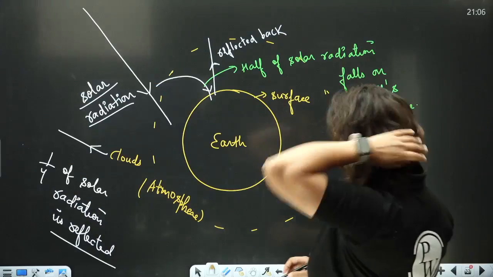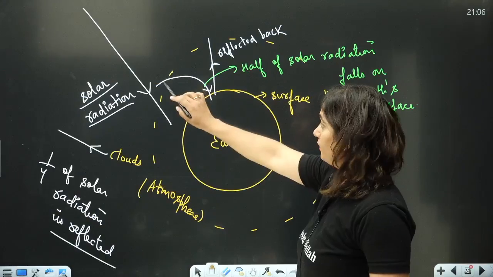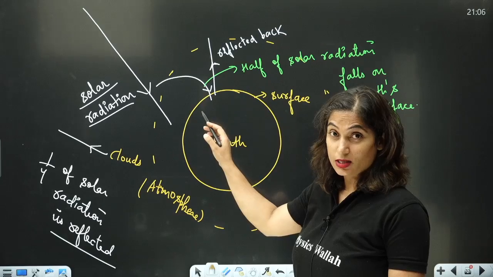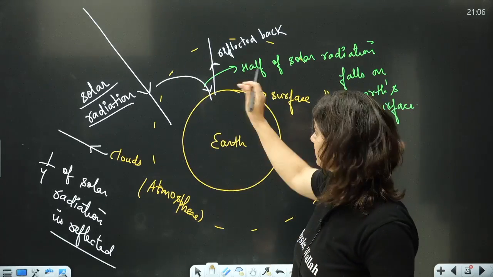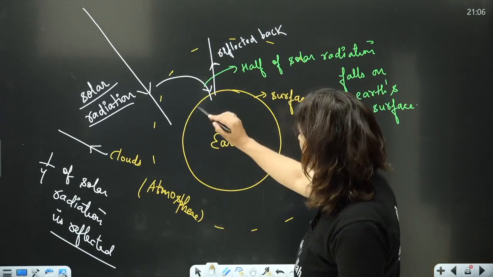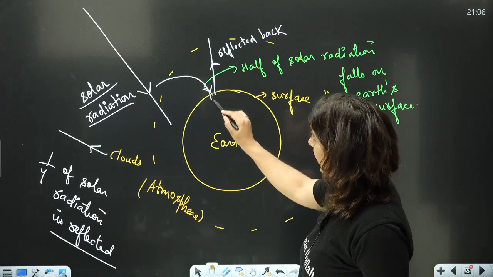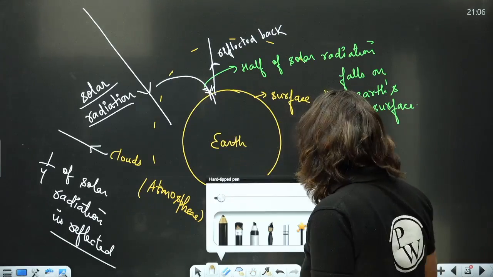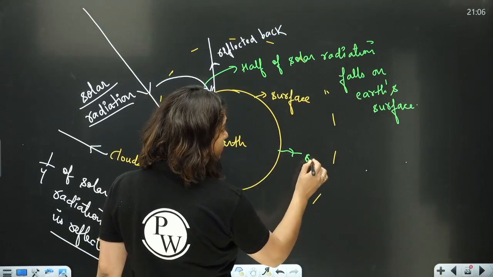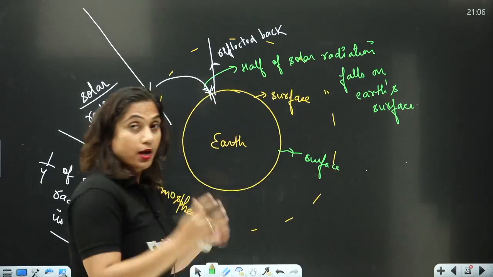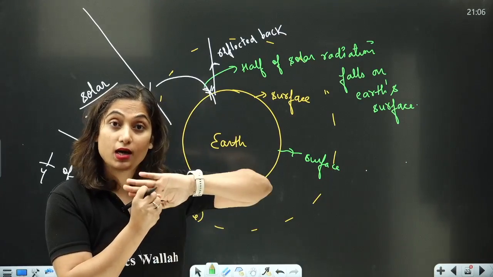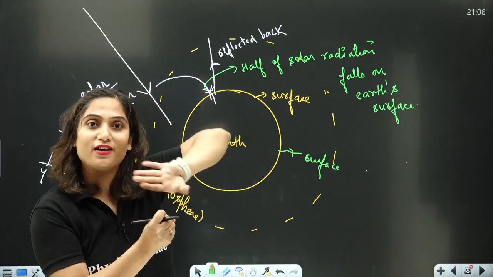trap it. See, this is the part: about half of the solar radiation is hitting the Earth's surface, and in return some amount of it is instantly reflected back. But when the Earth's surface has absorbed the solar radiation, after absorbing it, the Earth emits infrared radiation.